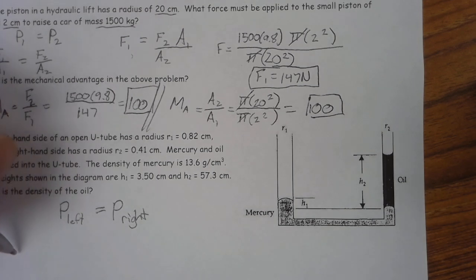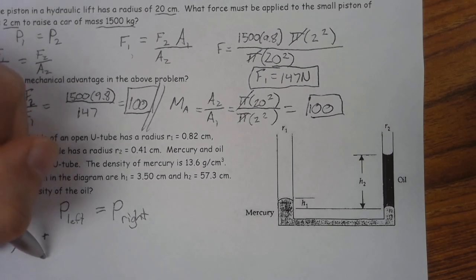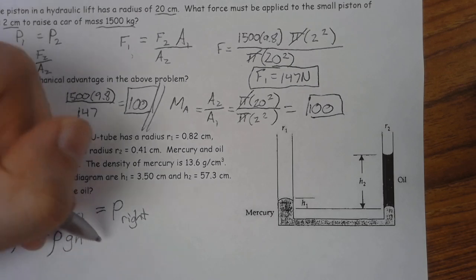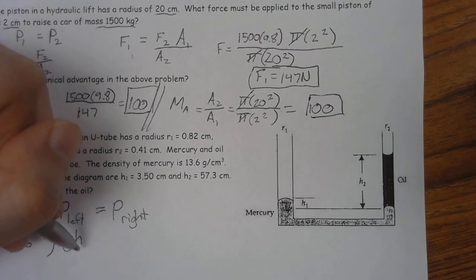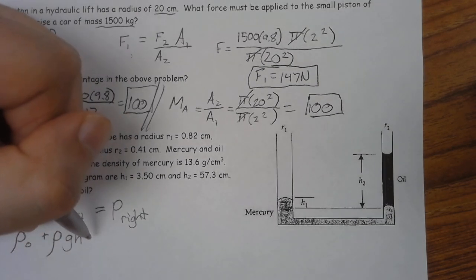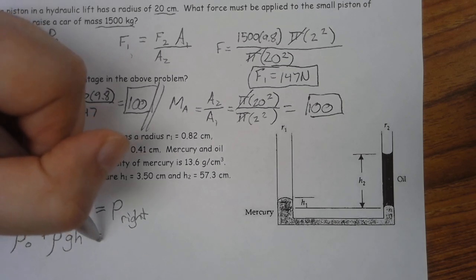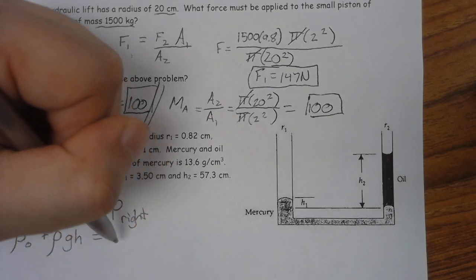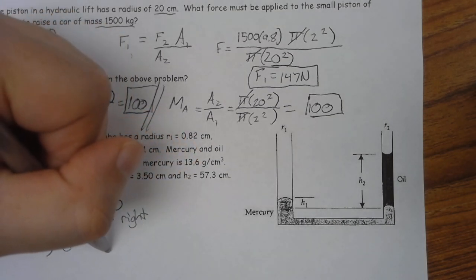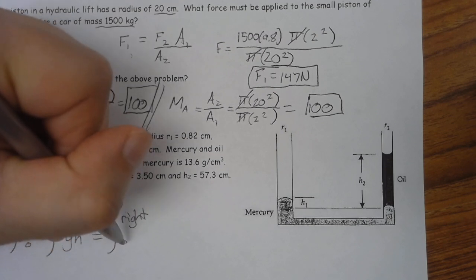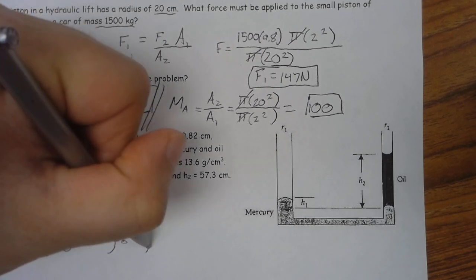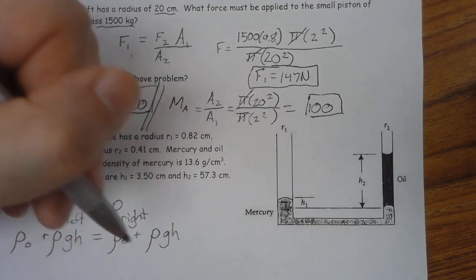Now, it's always good to think about the absolute pressure, because even though pressure adds, that's our guiding principle, we have rho times gravity times height on the left from that little bit of mercury, or at least the difference in mercury, will equal the atmospheric pressure plus rho g h.